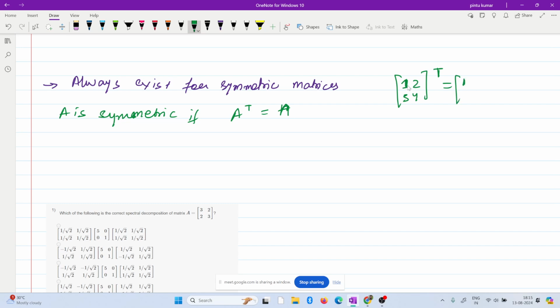So you will convert this row to a column over here, and your second row hence would become the second column. This is how you find the transpose of a matrix, right? So if your A and A transpose are the same, then that kind of matrix is called a symmetric matrix.